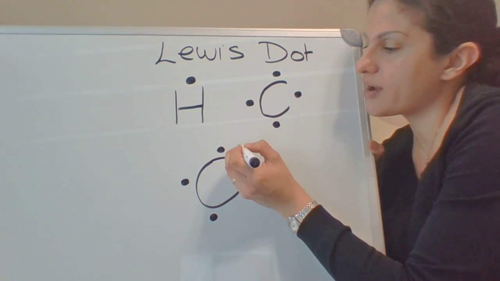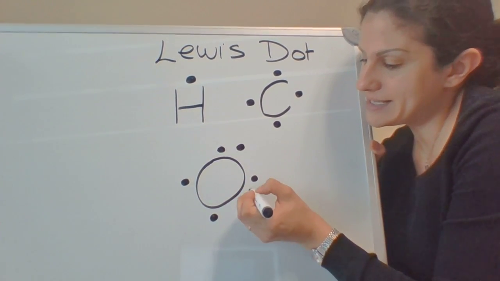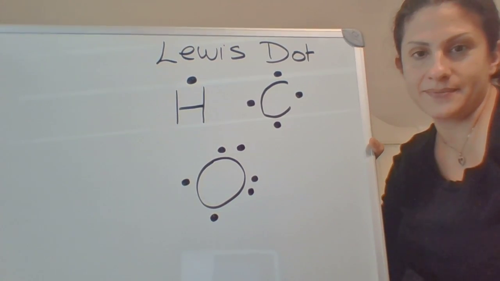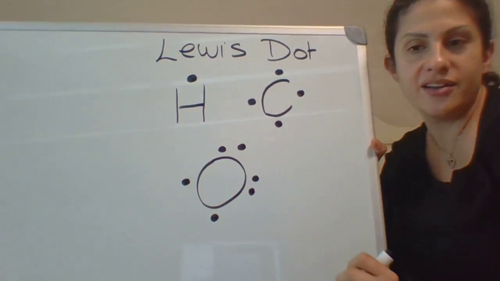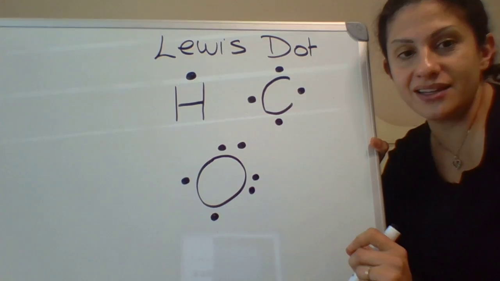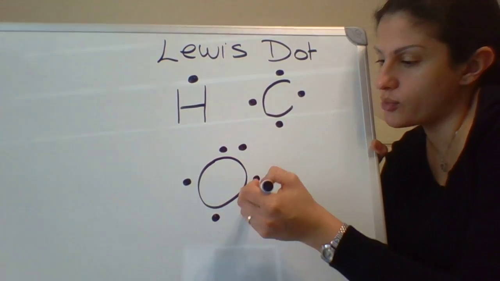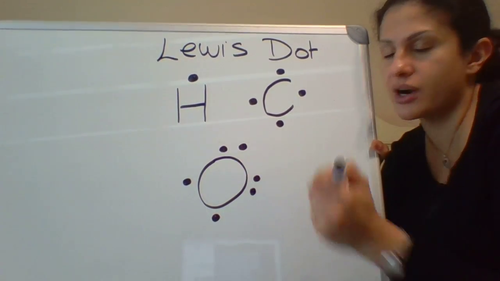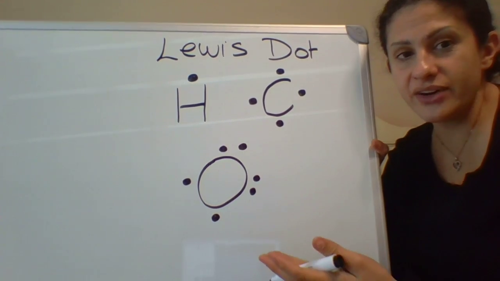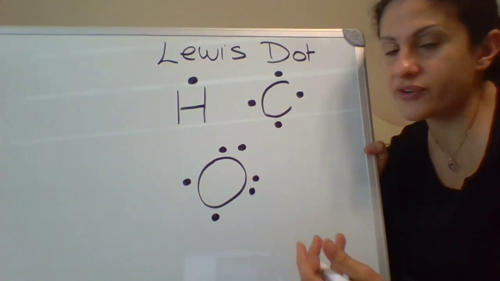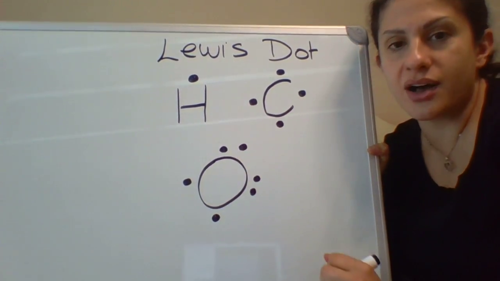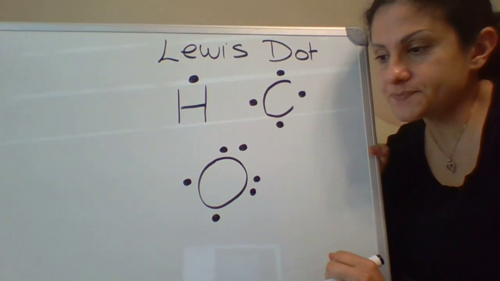Now you pair 5, 6. That is the Lewis dot for oxygen. It has 6 valence electrons. Make sure you go around once before you start pairing them up. It's very simple. Once you've mastered Bohr-Rutherford, it is very simple to draw the Lewis dot.